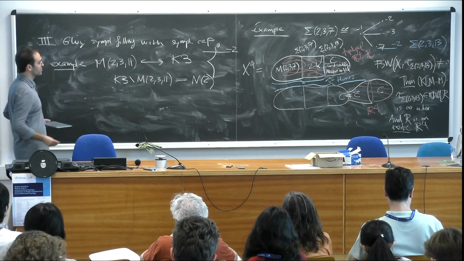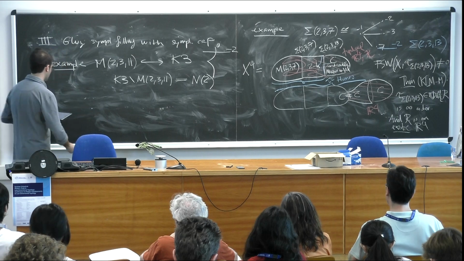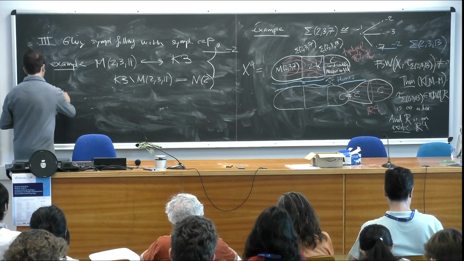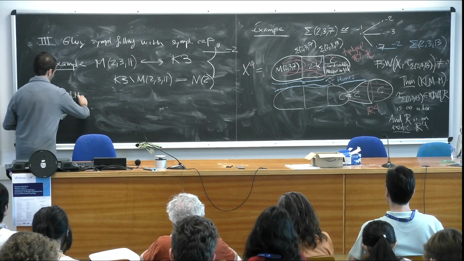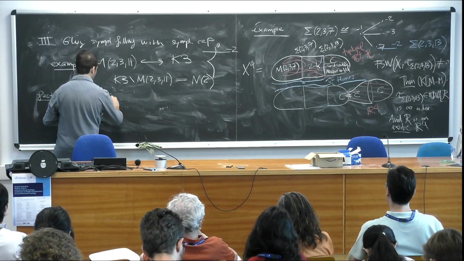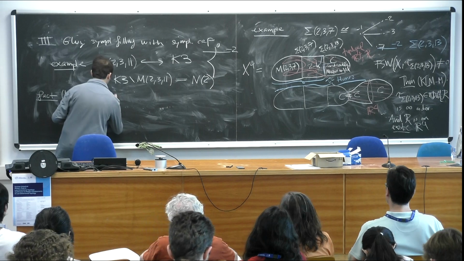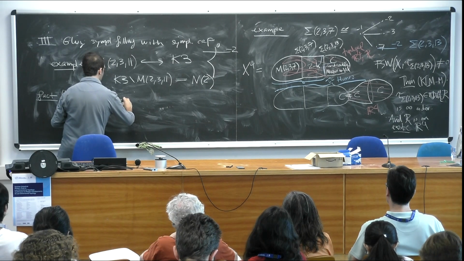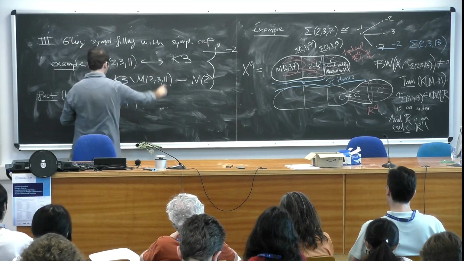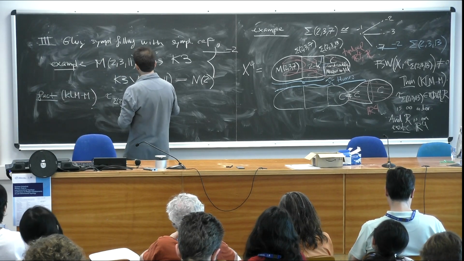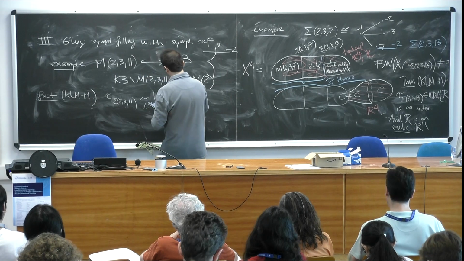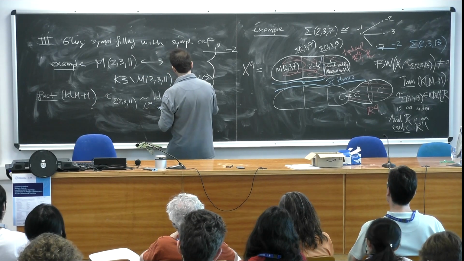So you're looking at a neighborhood of those curves. And a fact that we proved is that if you do the Dehn twist on Σ(2,3,11) embedded in the K3 surface by this construction, then it becomes smoothly isotopic to the identity in the mapping class group of the K3 surface.